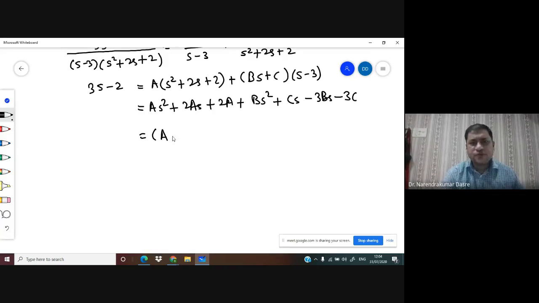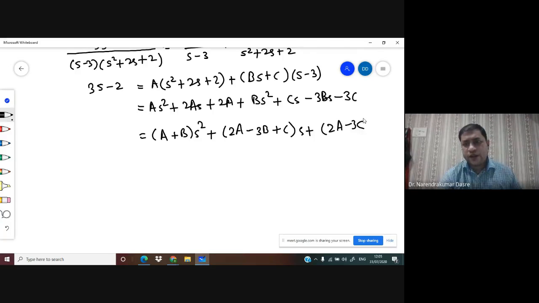So you will have A plus B s square, plus 2A minus 3B plus C s, and then the constant terms, plus 2A minus 3C. So it is 3s minus 2. We have got the terms of s square, the terms of s, and then the constant terms.